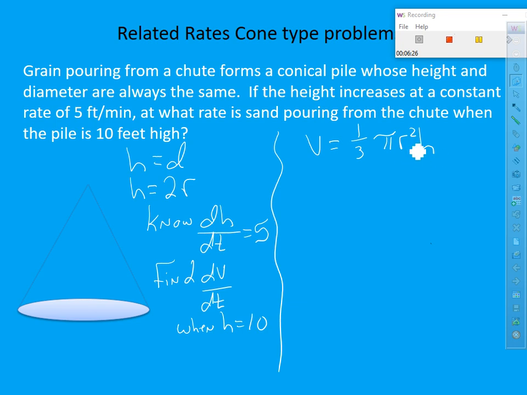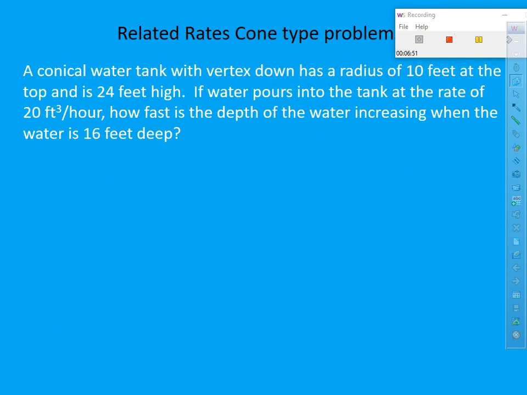I've got an R and an H. Very seldom will you ever be given a dr/dt, a dH/dt, an R, and an H. So I have to find a relationship between R and H. We need to decide if we want to keep R's in my formula or H's in my formula.